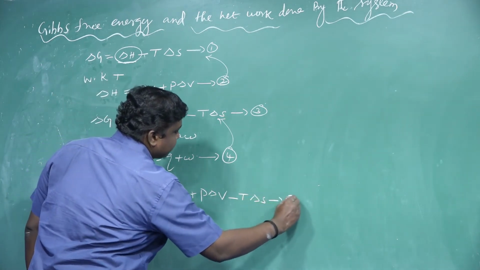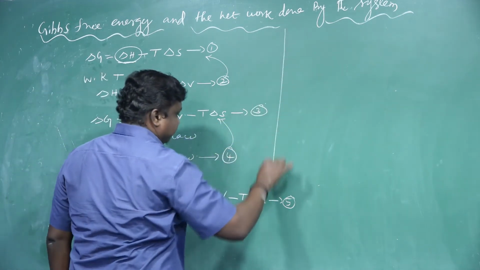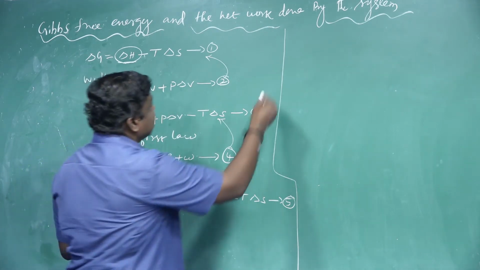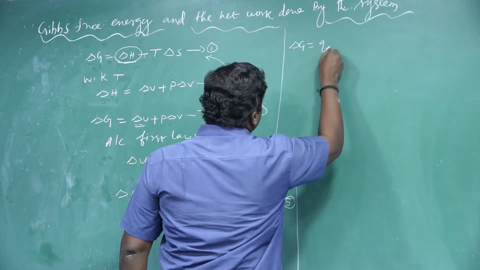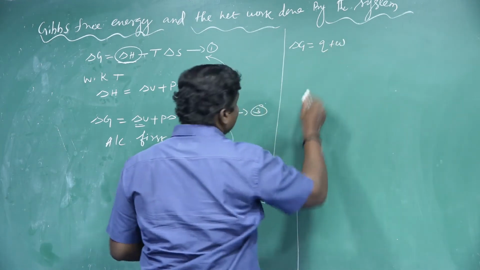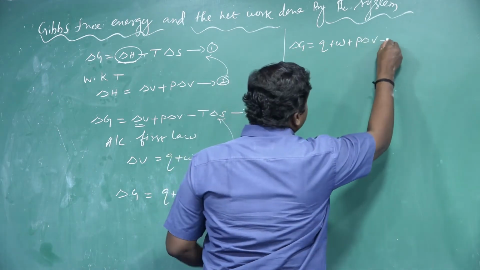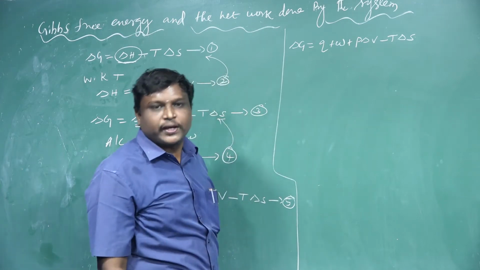That is equation 5. So we can write ΔG equals Q plus W plus PΔV minus TΔS.